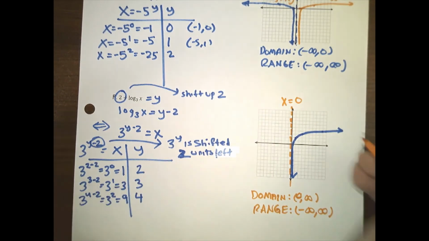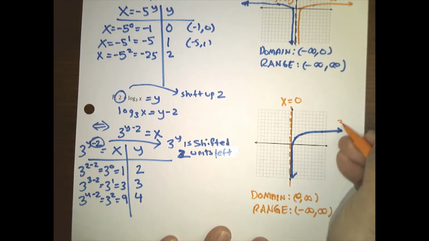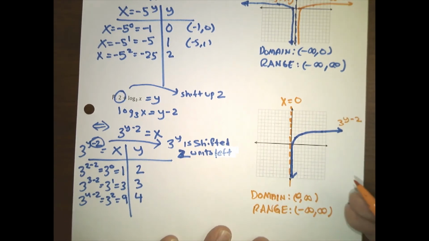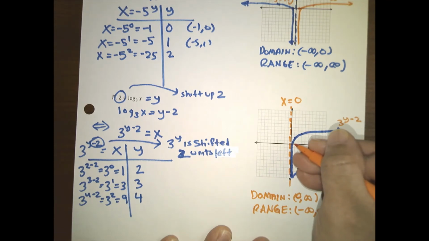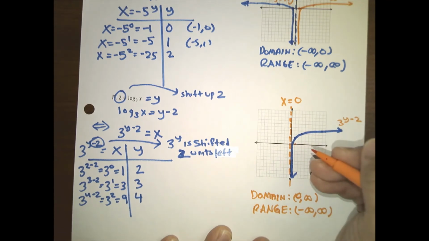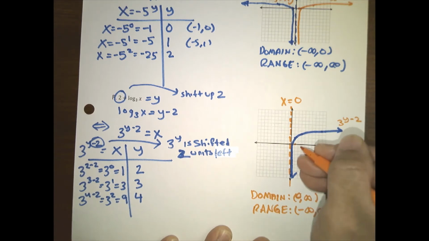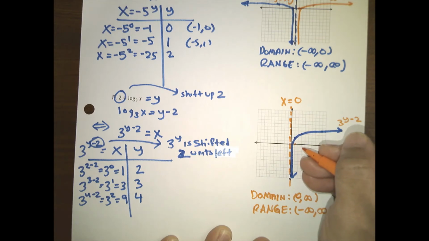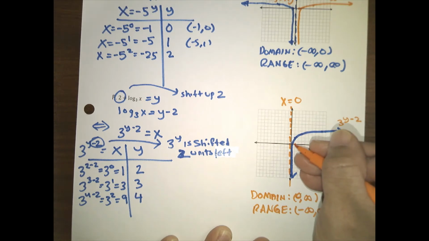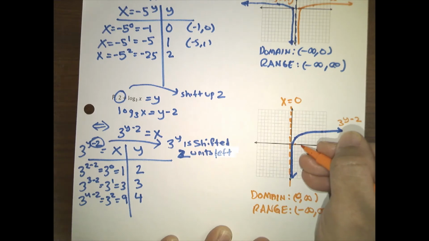Now, this was actually 3 to the y minus 2, but if I wanted 3 to the y, then that would be a point at 1, 0, and at 3, 1.